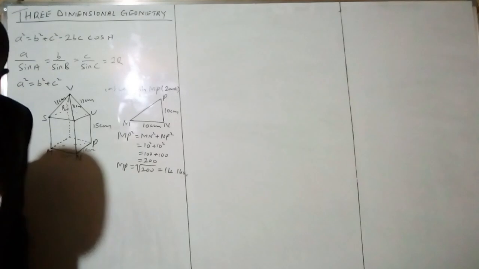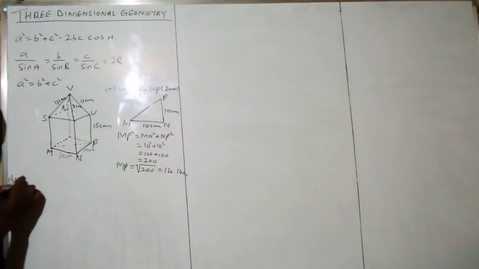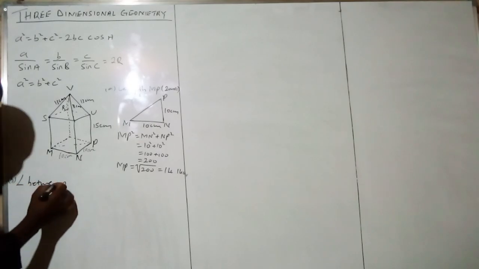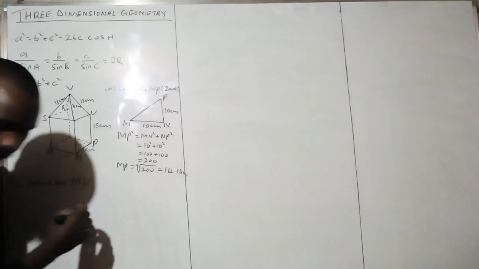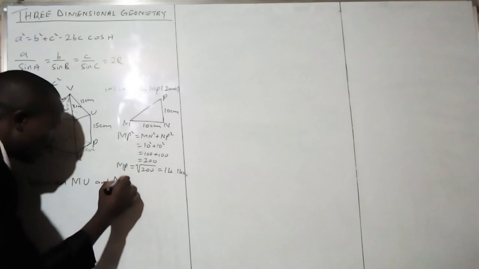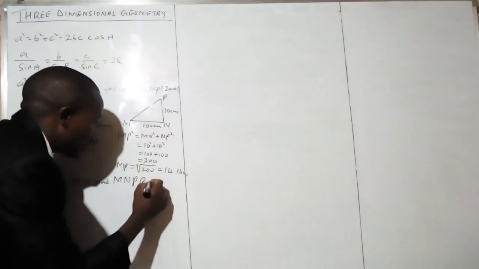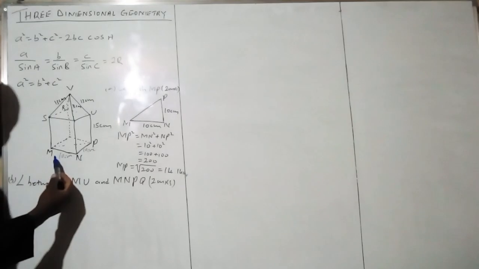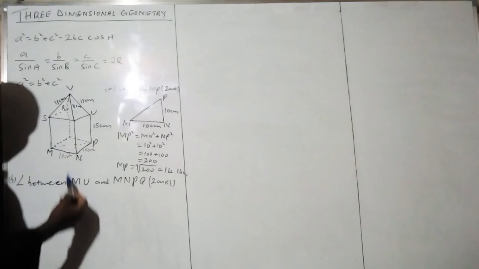Next, the angle between MU and the base MNPQ, 2 marks. Why MU? So this is MU, running from M to U, and the base MNPQ.